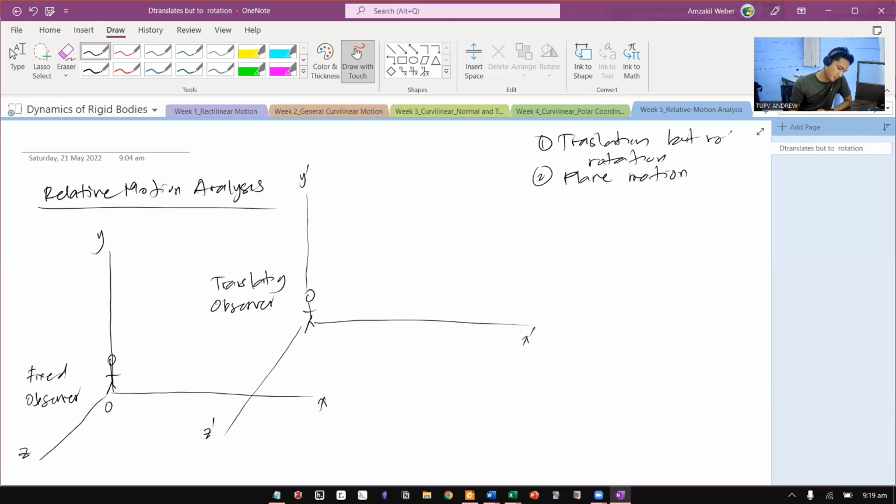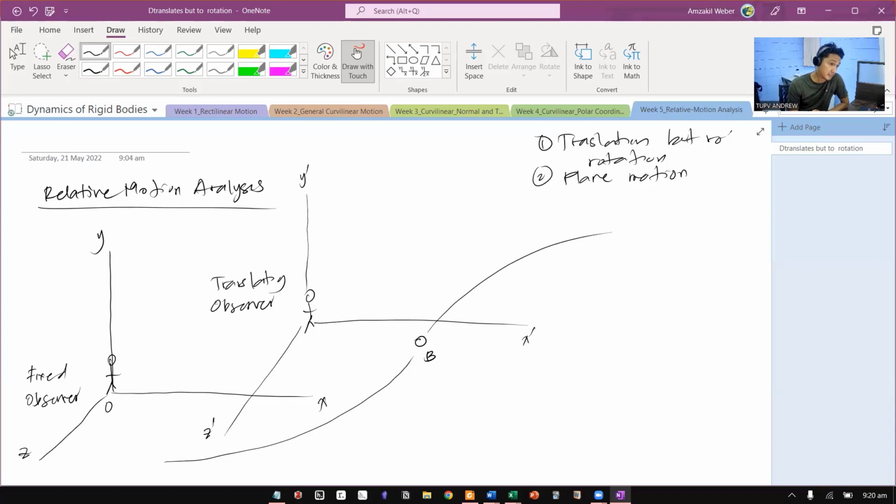So there is something moving in front of both of you, for example in a curvilinear manner. This is the path, the trajectory. Let's just call it B, ball B. Now, the position of ball B with respect to the two observers is different, right?